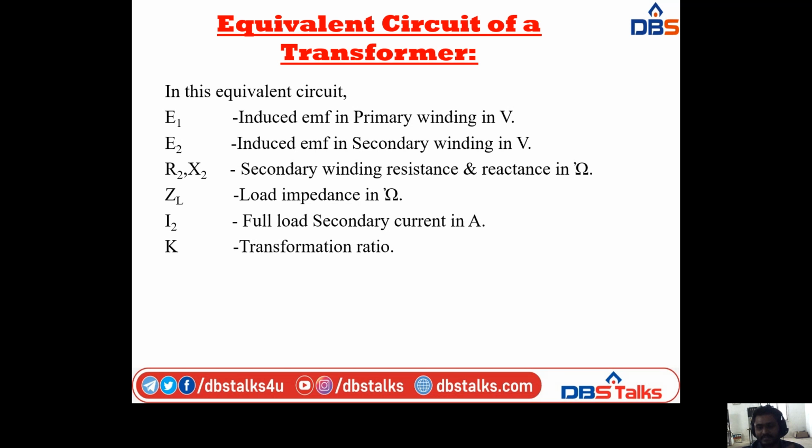Next R2 and X2, the secondary winding resistance and reactance in ohms, and ZL, the load impedance in ohms. And I2 we have the full load secondary current in amperes, and K, the transformation ratio. So these are the various parameters we have from the equivalent circuit.